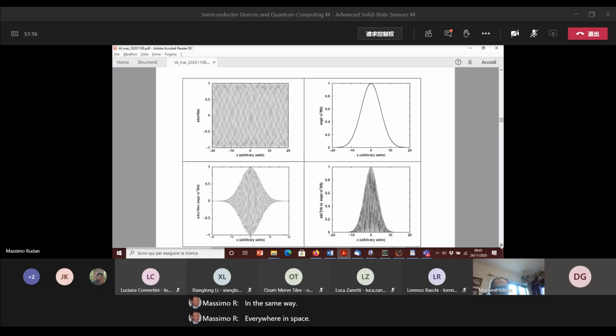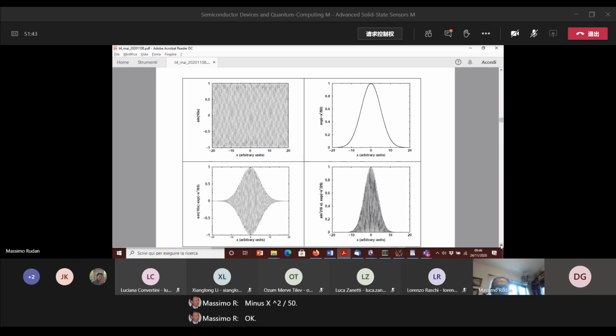Then assume that you attach to it an envelope function of the Gaussian type that you see in the upper right part of the figure. You see that it is exponential of minus x squared over 50, okay?